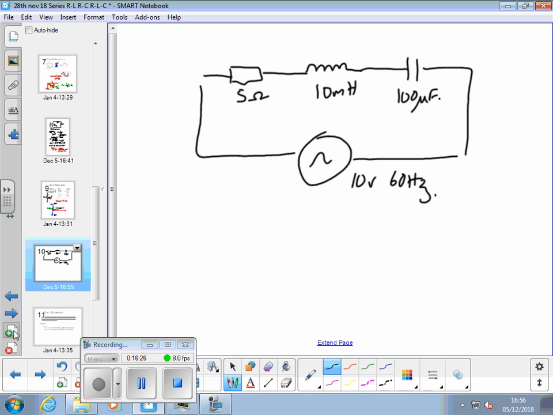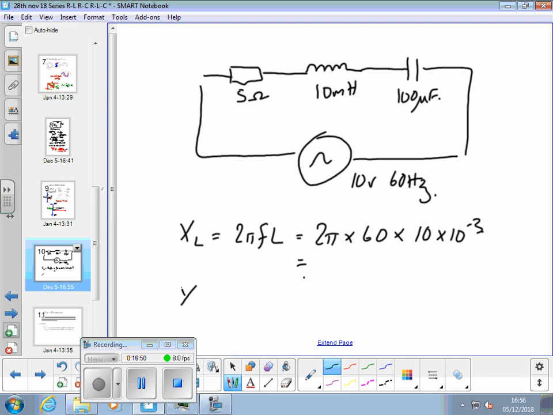First of all, we can calculate XL equal to 2 pi FL, 2 pi times 60 times 10 to the minus 3. We can also calculate XC by another 2 pi.